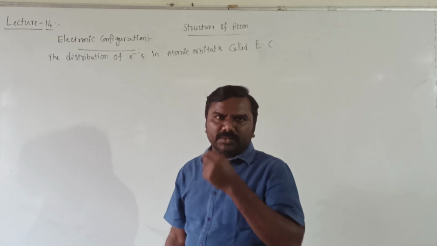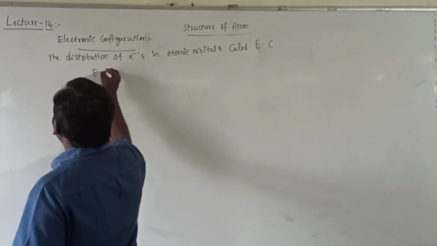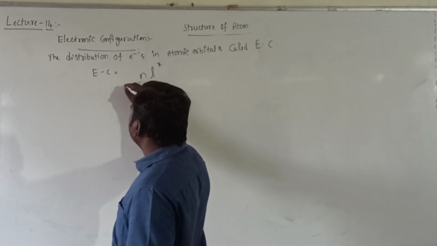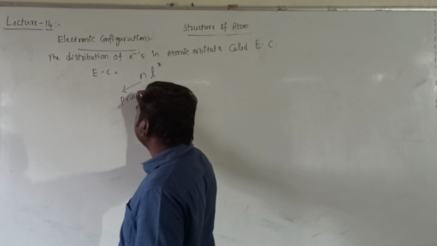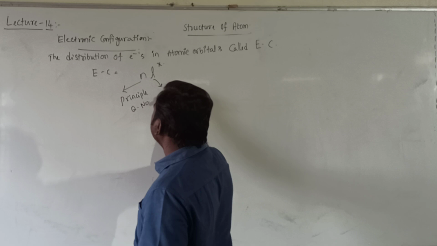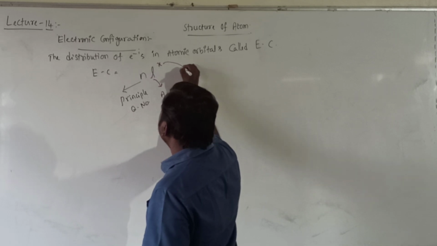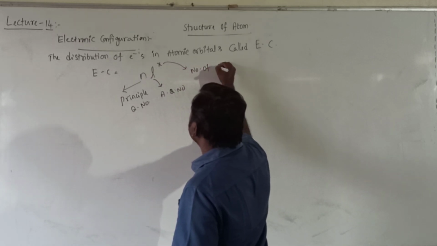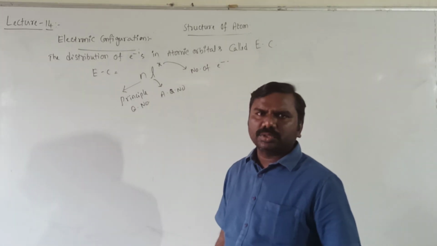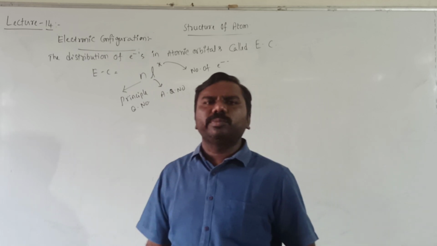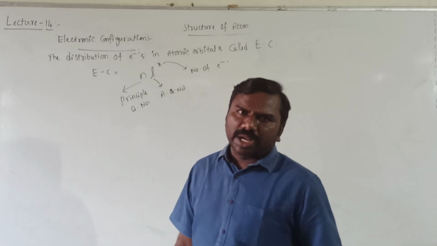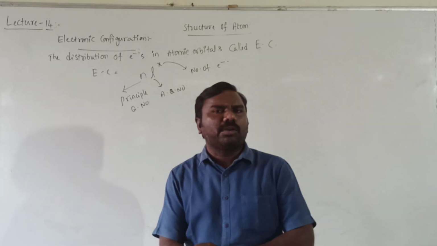It is indicated by n l power x, where n equals principal quantum number, l equals azimuthal quantum number, and x equals number of electrons. Otherwise, the box method also we can represent. You know already 1s2, 2s2, 2p6, 3s2, 3p6, 4s2, 3d10, right? Like that we can represent electronic configuration.